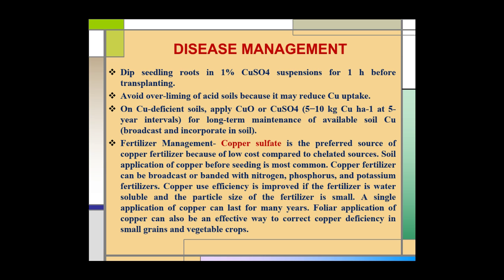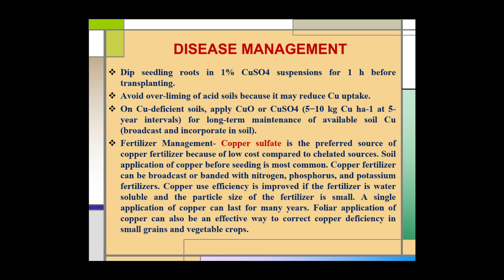Disease management. Dip seedling roots in 1% copper sulfate suspension for 1 hour before transplanting to control deficiency of copper in plants. Avoid overliming of acid soils because it may reduce the copper uptake by the plant.